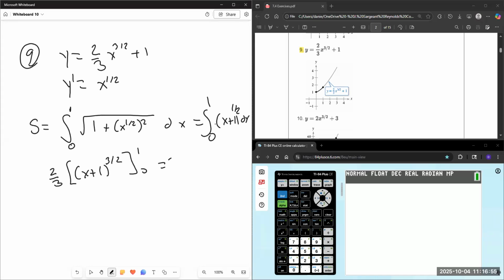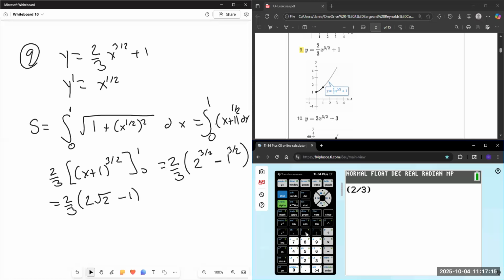It's going to be 2/3 of 2 to the 3/2 minus 1 to the 3/2, which is 2/3 of 2 root 2 minus 1.